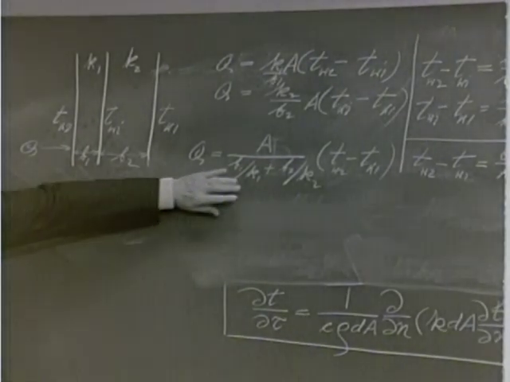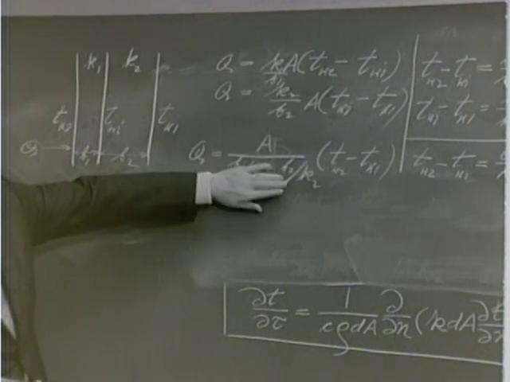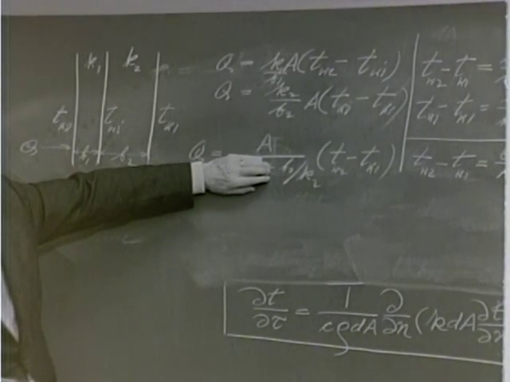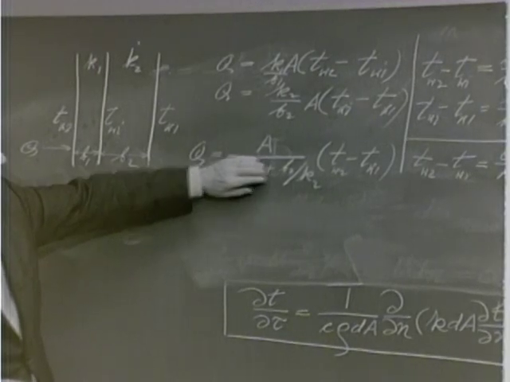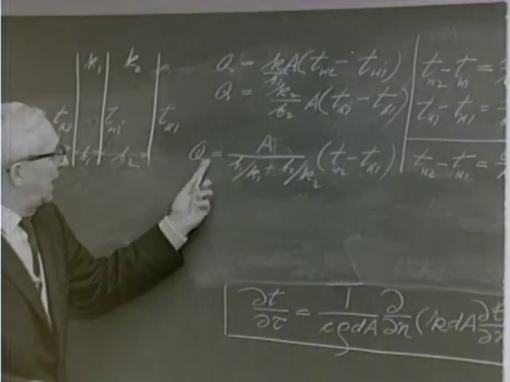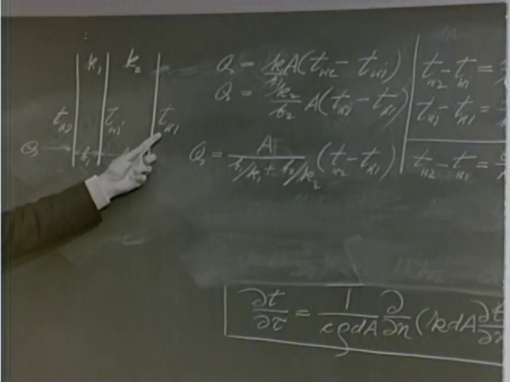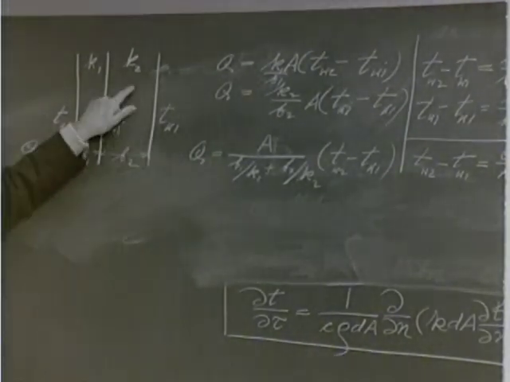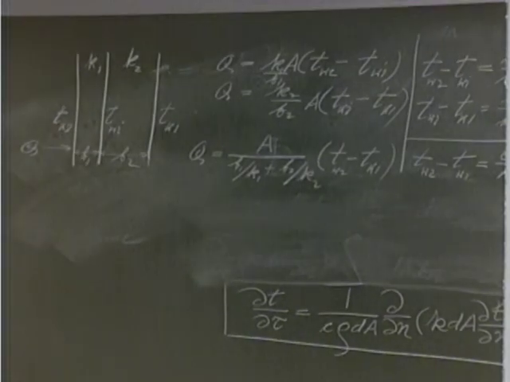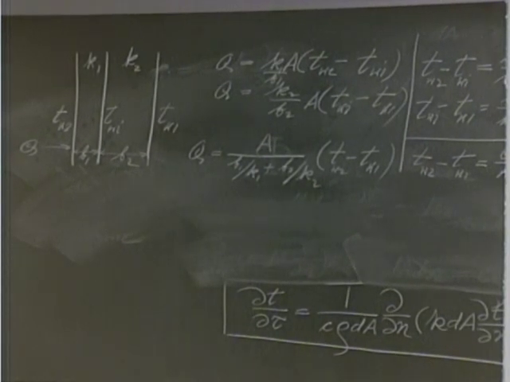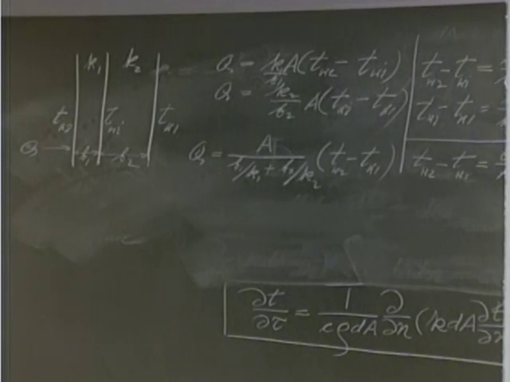So if this is by an order of magnitude difference, the K1 from the K2, I can forget about this term. And the heat flux as a consequence of the temperature difference in this composite wall is just determined by the material with a poorer thermal conductivity, whereas the one with a good thermal conductivity doesn't enter practically into the consideration at all.